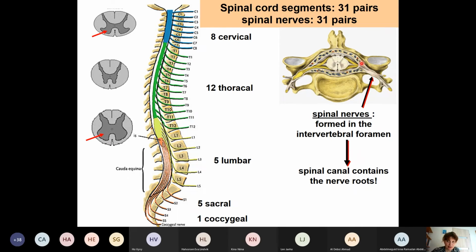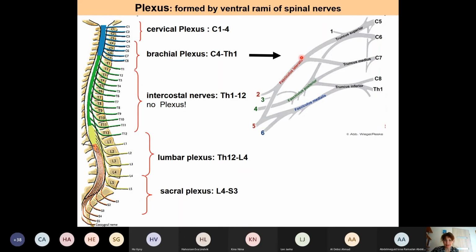And that's also important that the spinal nerves always form in the intervertebral foramen. So that means that the spinal canal contains always the roots, yes, the nerve roots. And at the level of the intervertebral foramina will be the fusion of these roots, and then we speak about spinal nerves. And this is what you already know, the further course of the spinal nerves.